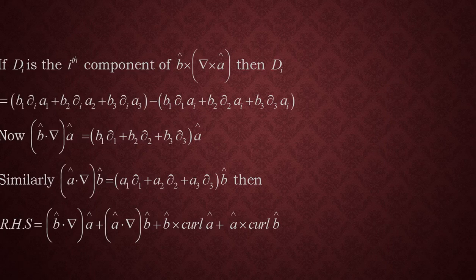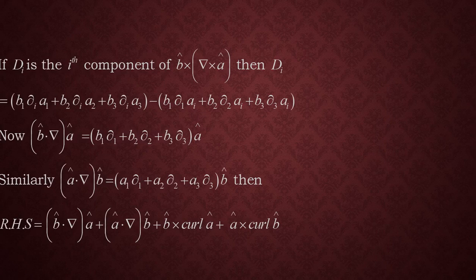Here in the previous expression a cross curl b, we got a negative term. Similarly, here also in b cross curl a, we got one negative term. We have to remember these two negative terms.